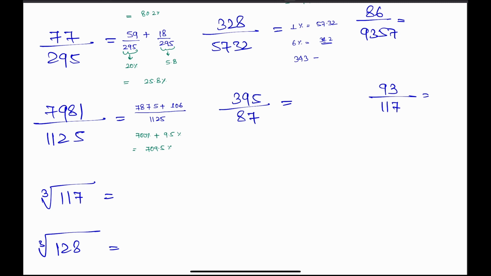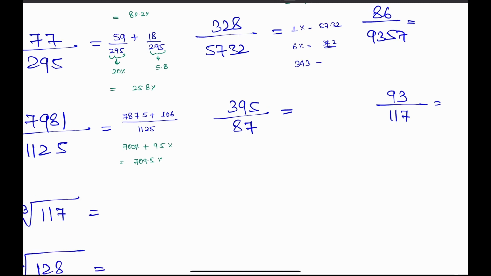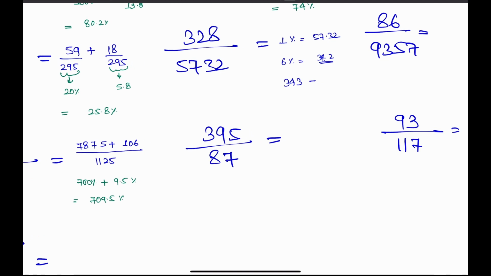Let's continue from where we left off. So 320, 342, the difference will be 22, and then 40, 20, 12, 15 upon 5732. We know that this is already 6%, so 6% minus something.